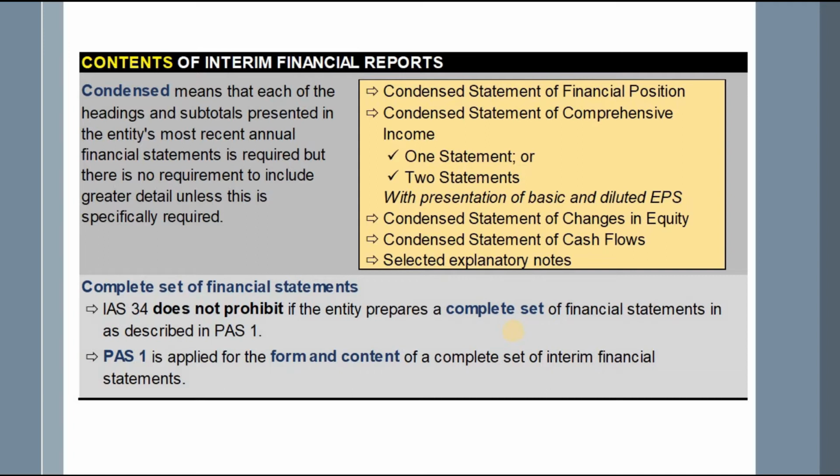Again, when we say complete set of financial statements, this is the full presentation and preparation of the financial statements. However, when we say condensed, the information or details presented in the interim financial reports are not as comprehensive and complete compared to the annual financial statements.